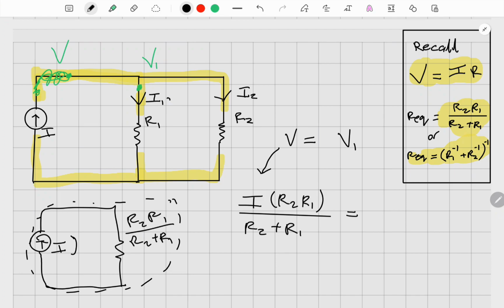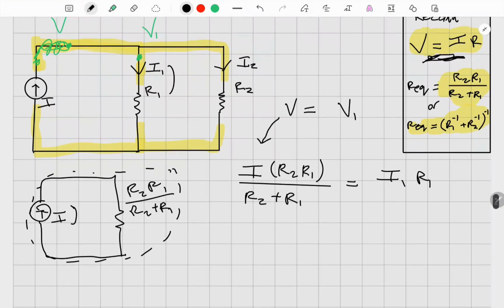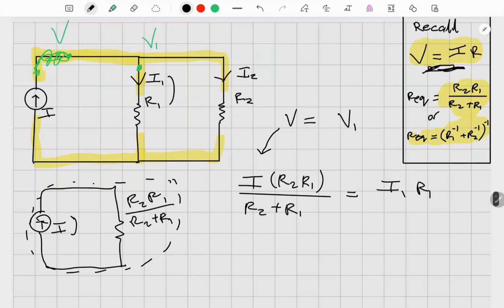Well, if we just take I1 and multiply it by R1, we get our Ohm's law. So multiplied by I1 times R1. And if we want to find the current at I1 specifically, then we move R1 to the other side.